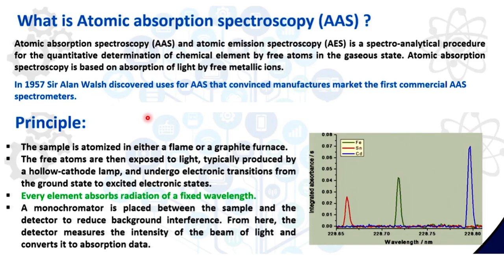Now, what is the principle? First, the sample is atomized in either a flame or a graphite furnace. Actually, there are 4 or 5 different ways to atomize the sample, and after the atomization, the free atoms are exposed to light. So first you atomize the sample, and then you expose it to radiation, typically produced by a hollow cathode lamp, and the atoms undergo electronic transition from the ground state to the excited electronic state.